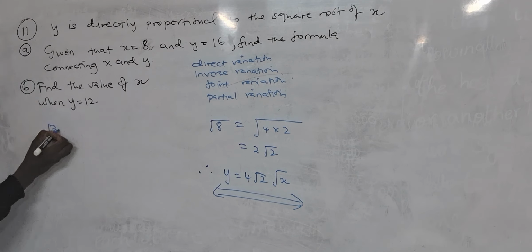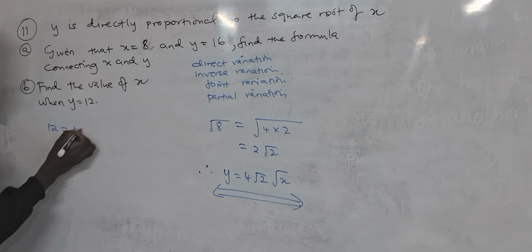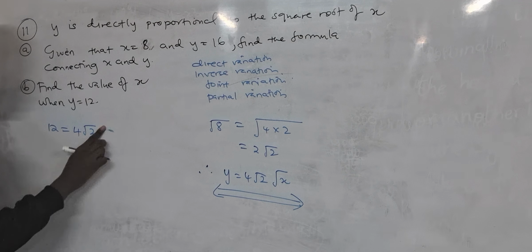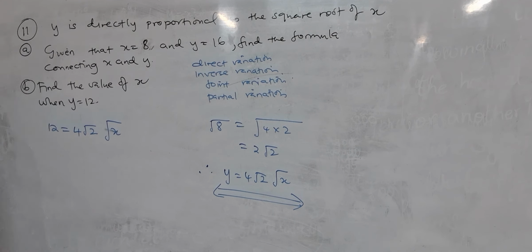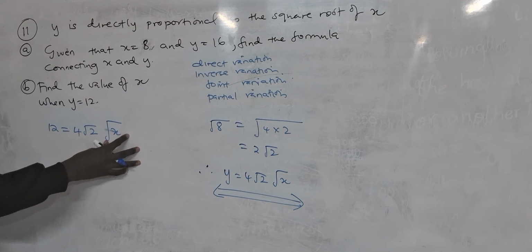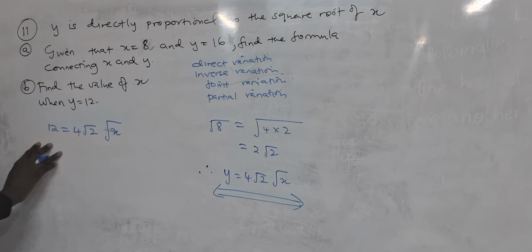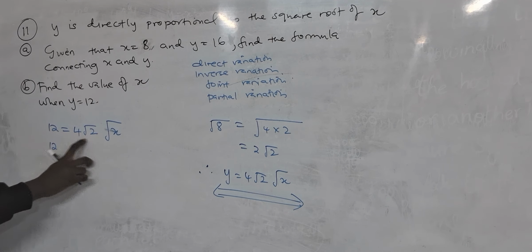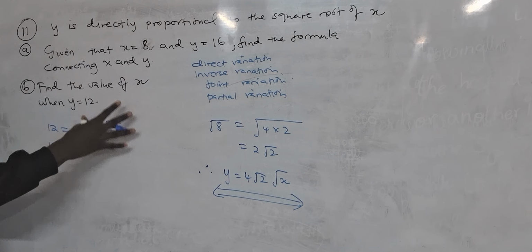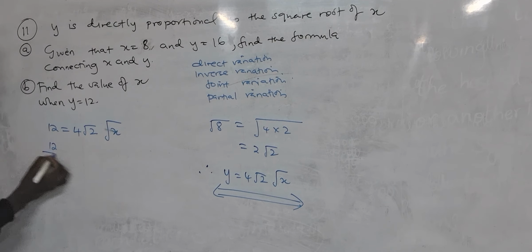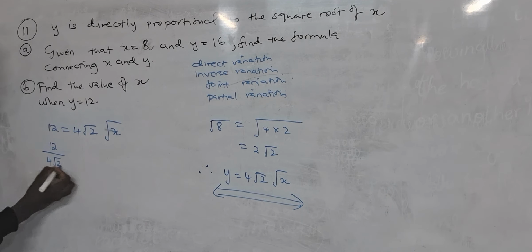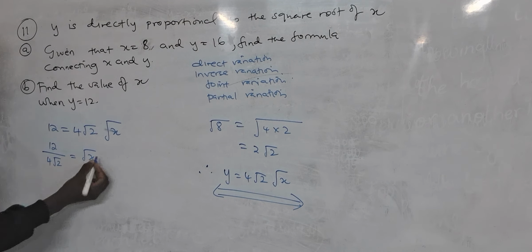Y is 12, equal to 4 root 2 into root x. We are supposed to make x the subject of the formula. So you divide both sides by 4 root 2. Why? We want to leave x alone. So 12 divided by 4 root 2 is equal to root x.